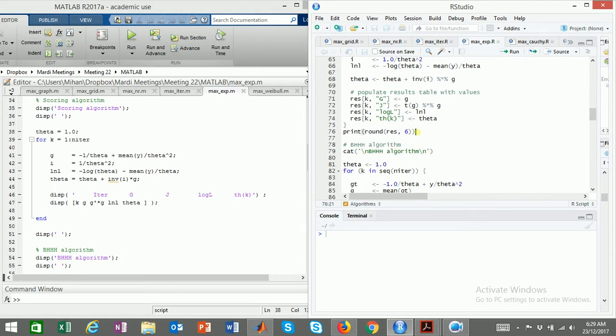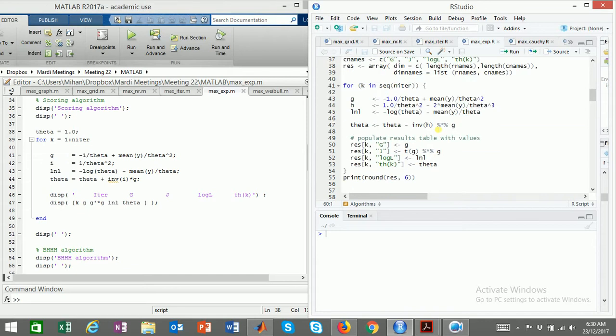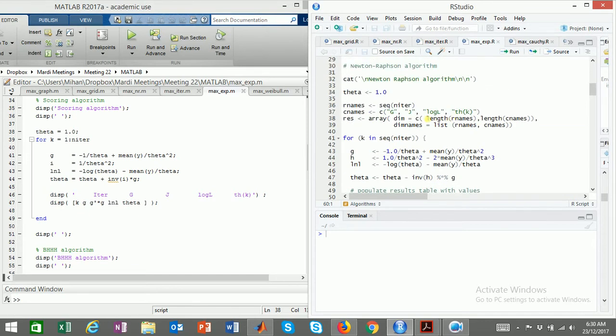Again we created a table here, theta with theta 1. So what is the table here? Dimension names. First property is dimension. Under the dimension property we concatenate the length of the rows and the length of the columns accordingly. How are we getting the length of the rows and columns? Because we already defined before, the rows are number of iterations, the columns are with the title.